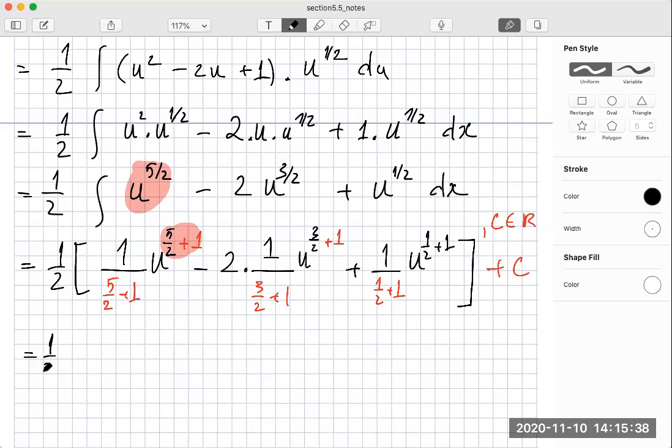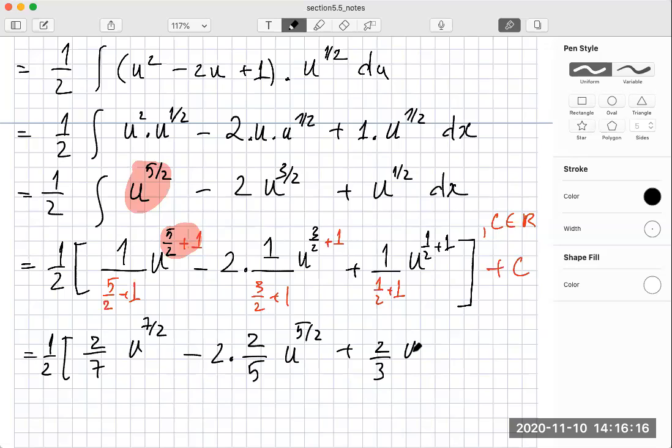So this is 1/2, and 5/2 plus 1 gives us 7/2. 1 divided by 7/2, it means, yes, 2/7 u to the 7/2, minus 2 times, this is, yes, 2/5 u to the 5/2, and very good. Right. Very good.